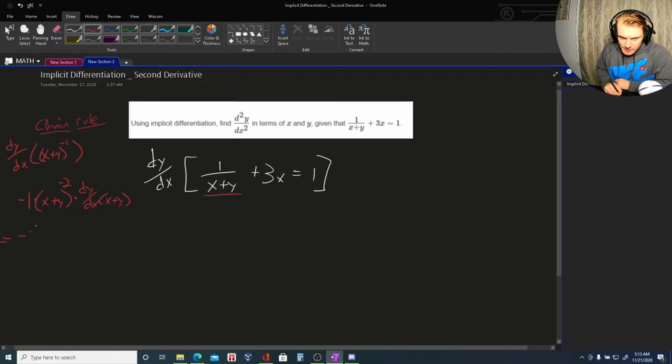Let's go ahead and get this back in its normal form. We have negative 1 over (x plus y) squared times the derivative of x, which is 1, plus the derivative of y, which is dy/dx.